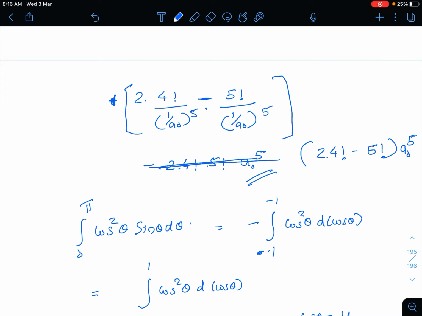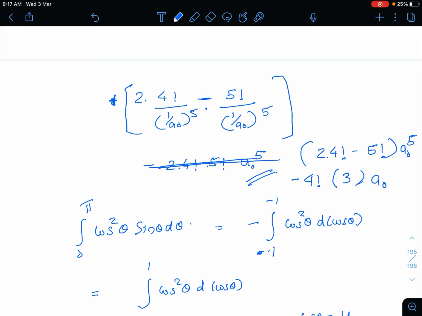So what remains is, I can take the 4 factorial outside. That means 4 factorial multiplied by 2 minus 5, that is minus 3. So that is a mistake I made.